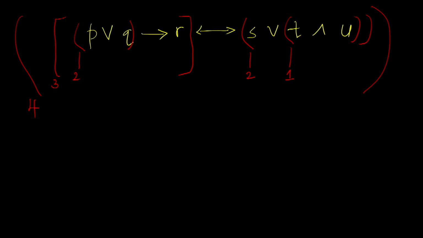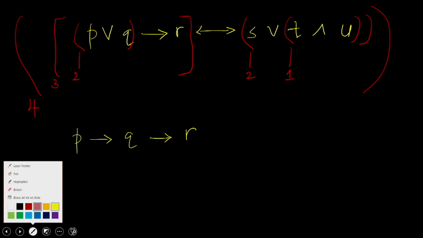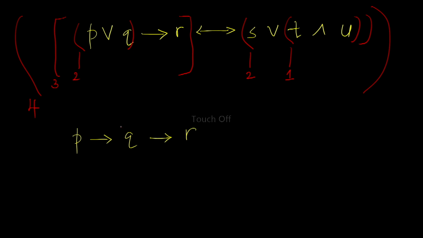Let us consider another expression. P implies Q implies R. When we discussed precedences, we said that implications have right to left associativity. Therefore, you will have to associate Q to R first and then an outer parenthesis.